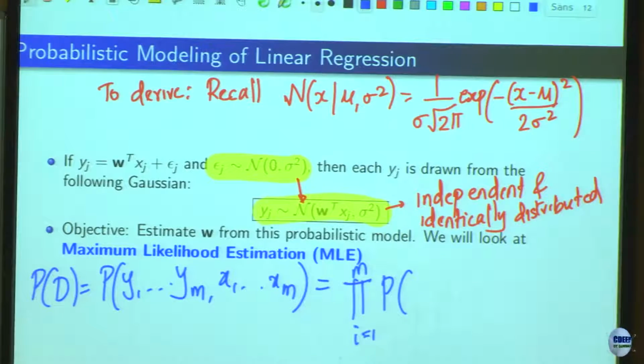Okay, so I'm actually more specifically looking at the probability of y1 to ym given x1 to xm. So let's be specific, because x1 to xm is already given to you. So we are looking at the distribution of y's. So this can be a product over the individual probability of yi given xi. And that's also the form we have written here. The form written here is nothing but probability of yj given xj.